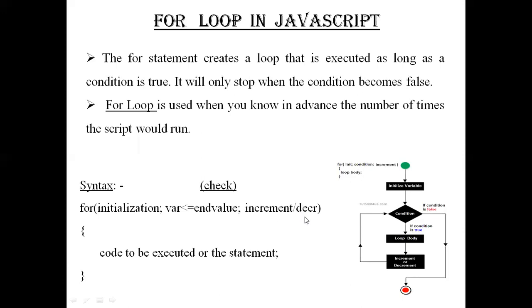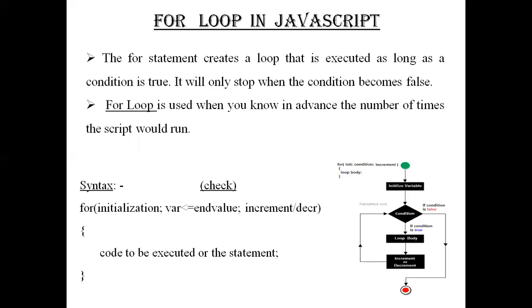We studied increment and decrement operators last year: i plus plus, i plus equal to 2. Those operator formats you have to apply here. Then comes the statement to be repeated again and again, which has to be put in curly brackets. Initializing means assigning the initial value, the starting value, to the variable, which executes only once.